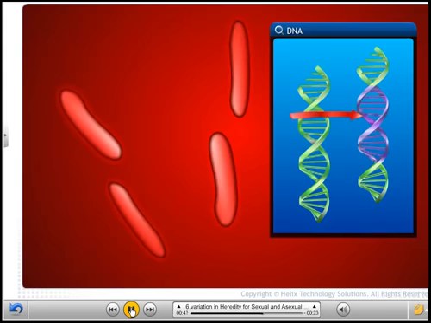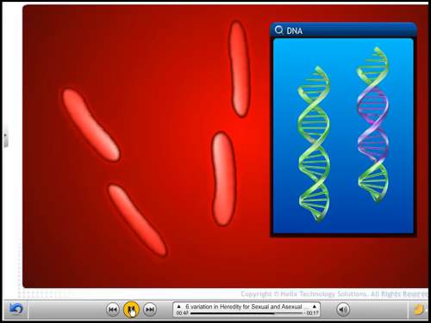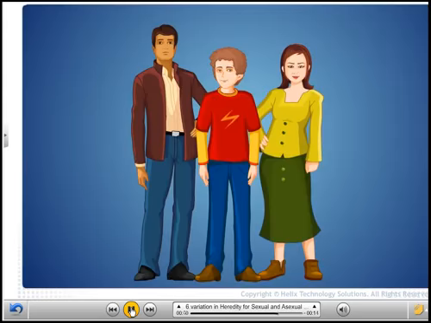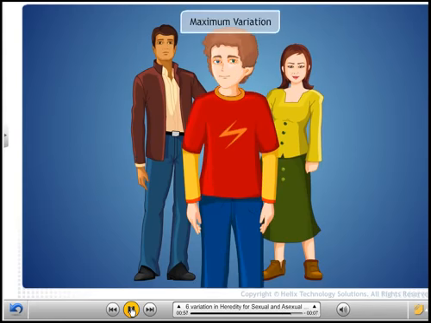However, there may be minor differences generated due to small inaccuracies in DNA copying. Now things change slightly in the case of sexual reproduction. Maximum variation is produced by this process, as can be seen in the case of human beings.